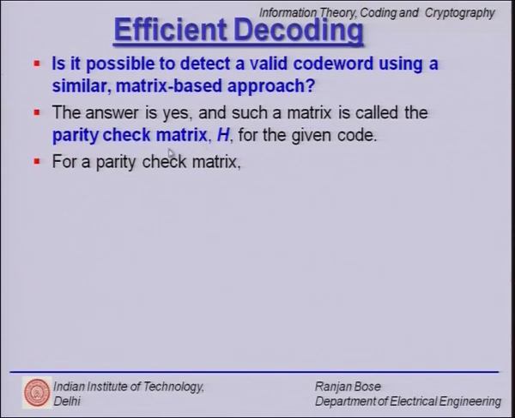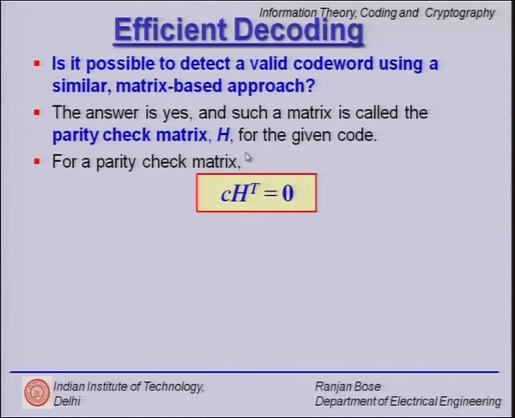What we have seen earlier was the parity matrix P when we formed the systematic representation of a generator matrix. So please note the difference. We have seen the parity matrix for the systematic form and now we are talking about the parity check matrix H at the decoding side.